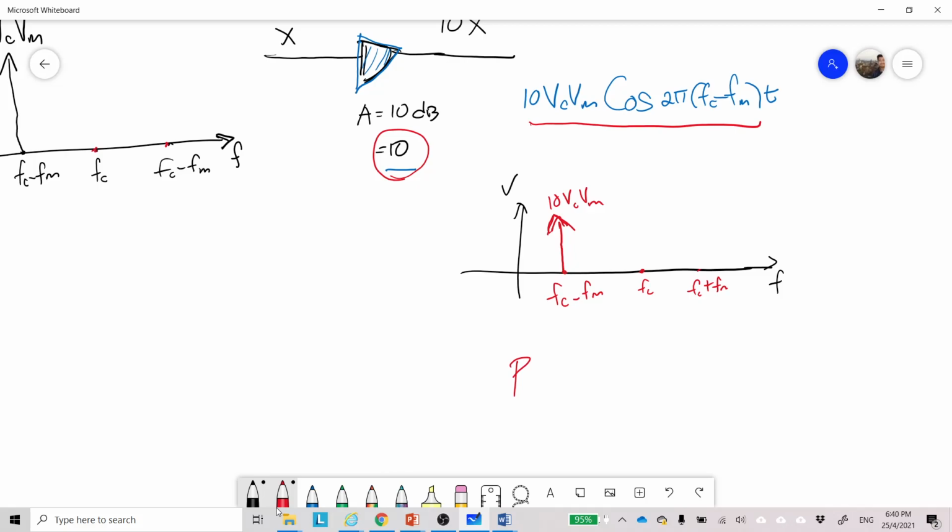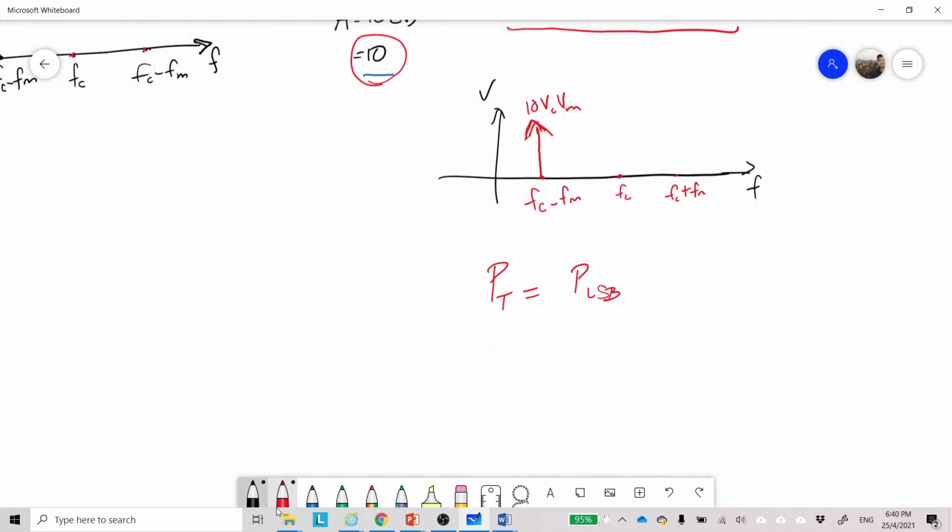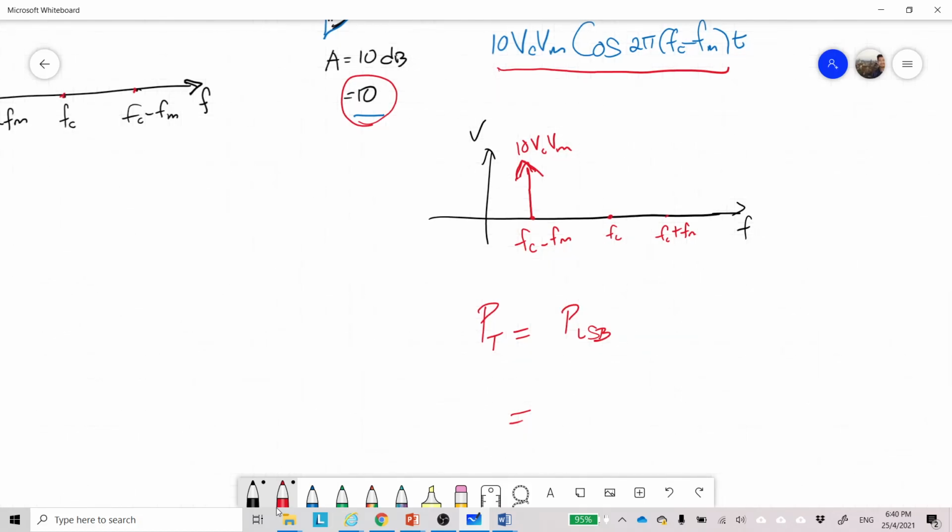The power is equal to PLSB only, because there is no carrier and no upper sideband component. Here the amplitude is 10 VCVM, so the power is (10 VCVM) squared divided by 2R.